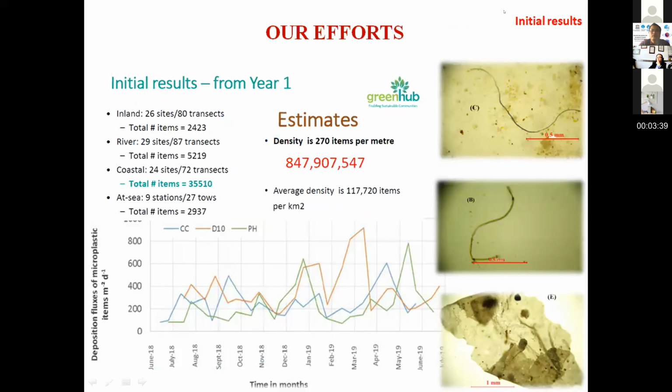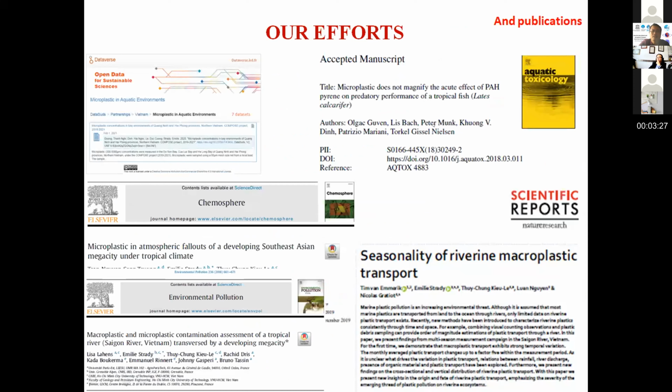And we have some initial results. These results we did ourselves, and we got some results and publications in 3 years. Since 2019 until now, we have around 20 publications in Vietnamese journals as well as ISI journals.